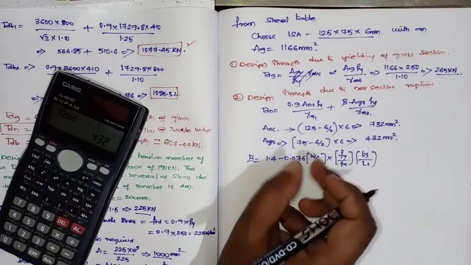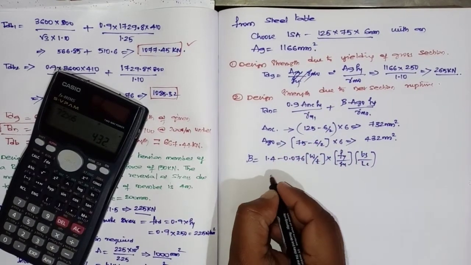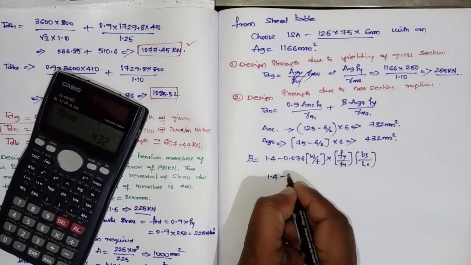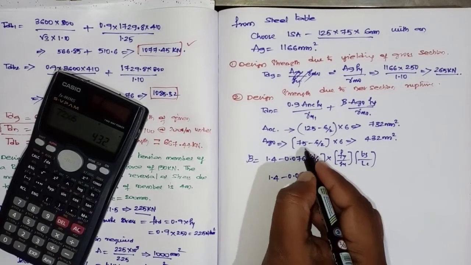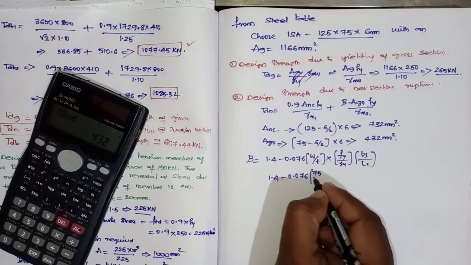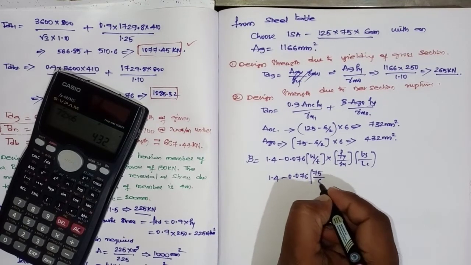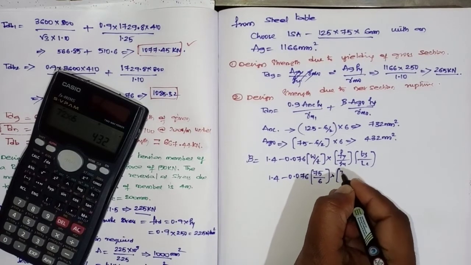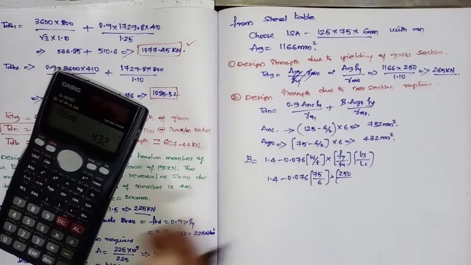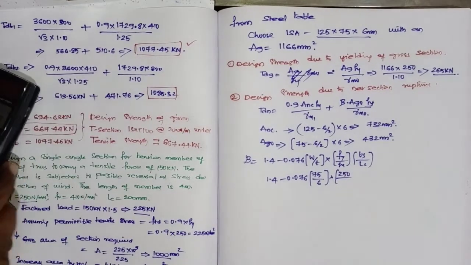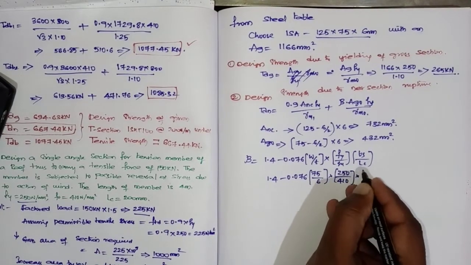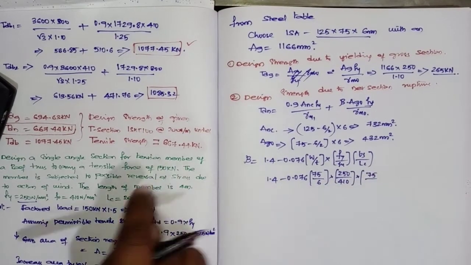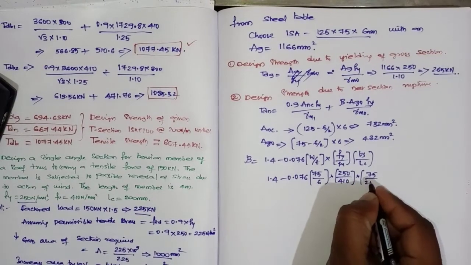So w is the outstanding leg, 75, by thickness 6 mm, into Fy 250 divided by Fu 410, into 75 by the effective length of the weld, given as 200.